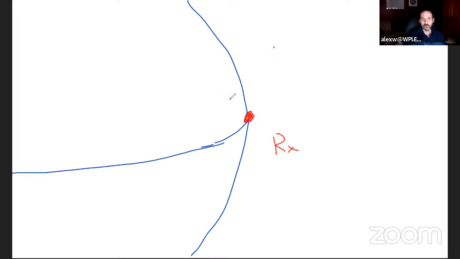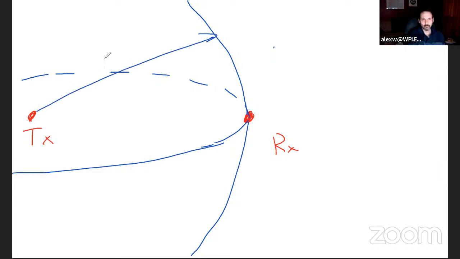Whatever area it picks up from the transmitter. Shucks. Let me try again. Okay, now, whatever area it picks up.